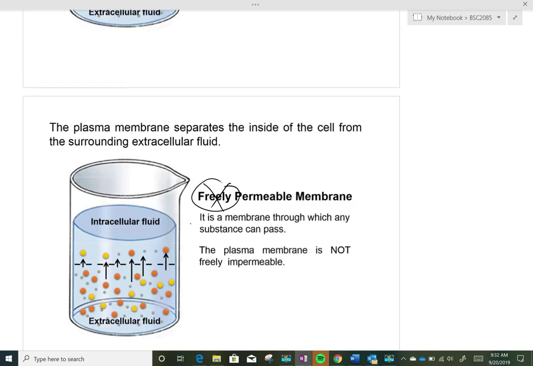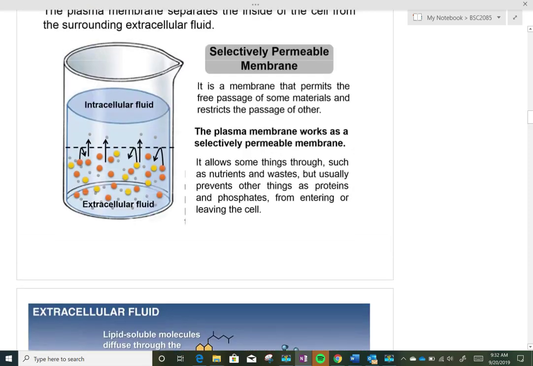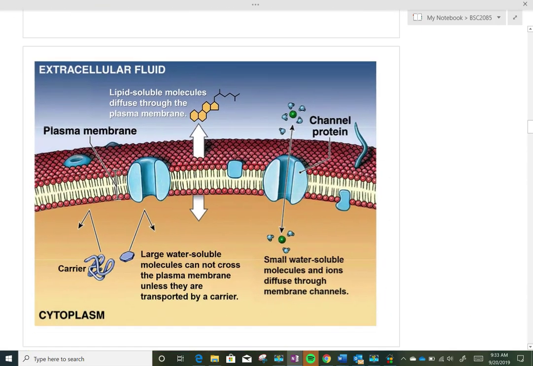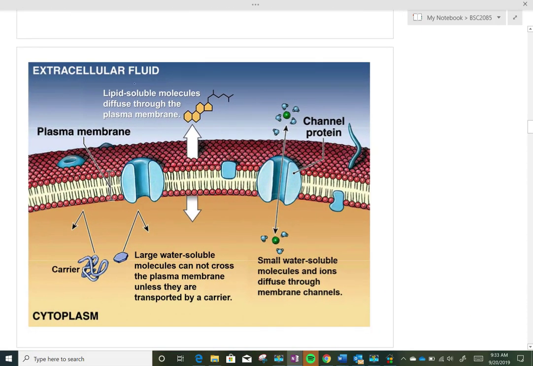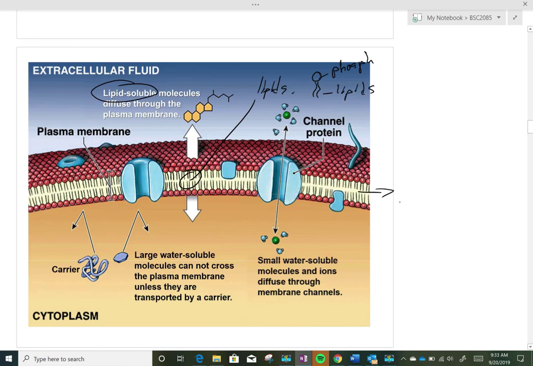Right? So it is selectively permeable. That's the one that our cell uses. Okay? So things that can go through that cell membrane are lipid soluble, because again, this portion of the cell right here is made out of lipids, correct? Because that was made out of a phospholipid bilayer. Here's your phosphate, right? Your phospho, and these are your lipids. So the inside, the middle, is hydrophobic.